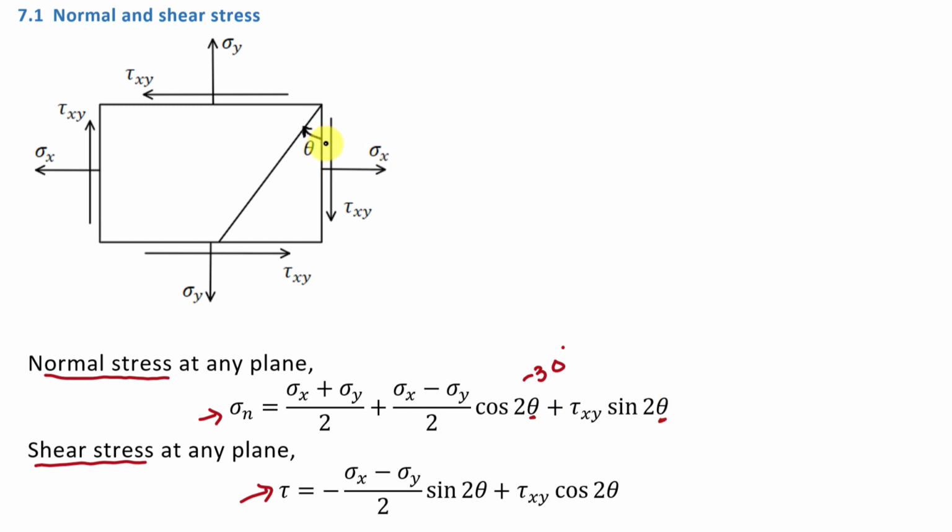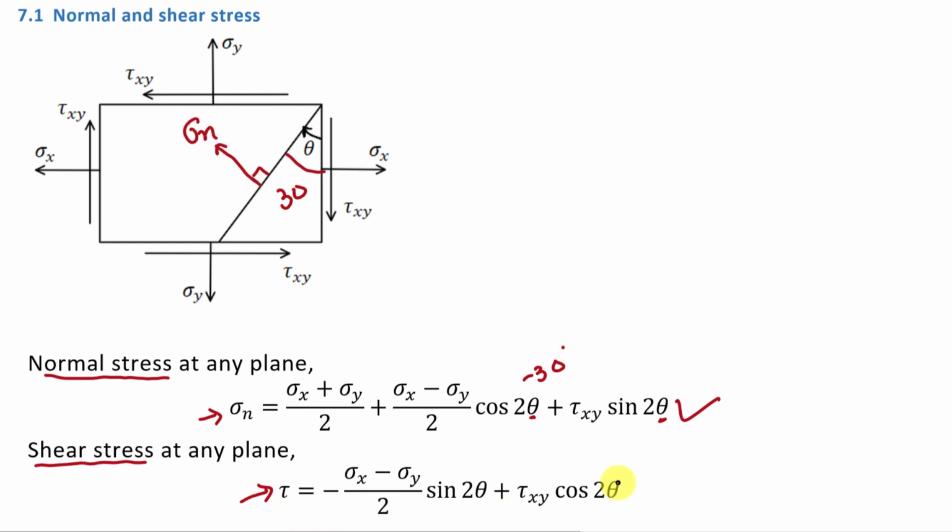And if it is given in this direction, meaning if this angle is 30 degrees, then we take this 30 degrees as positive. So if this is the case, then we will take this theta as plus 30 degrees. Fine. So this is the equation to find the normal stress on this plane. And this sigma n will be in this direction because it is normal stress.